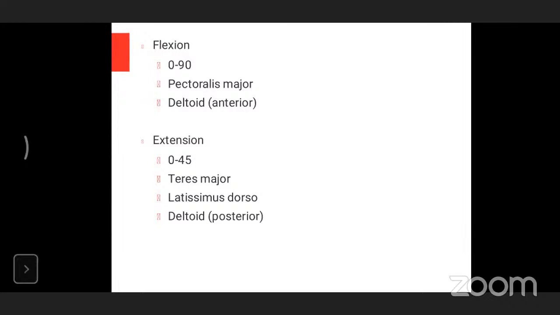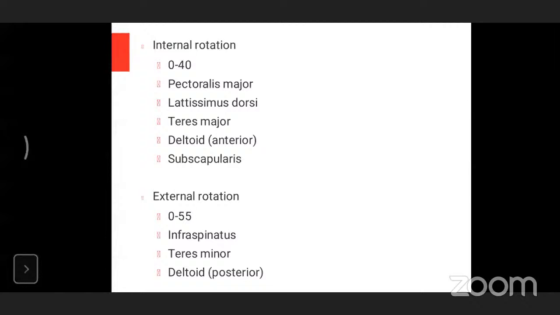Extension, 0 to 45 degrees by teres major, latissimus dorsi, and deltoid. Internal rotation, 0 to 40 degrees by pectoralis major, latissimus dorsi, teres major, deltoid, and subscapularis. External rotation, 0 to 55 degrees by infraspinatus, teres minor, and deltoid.